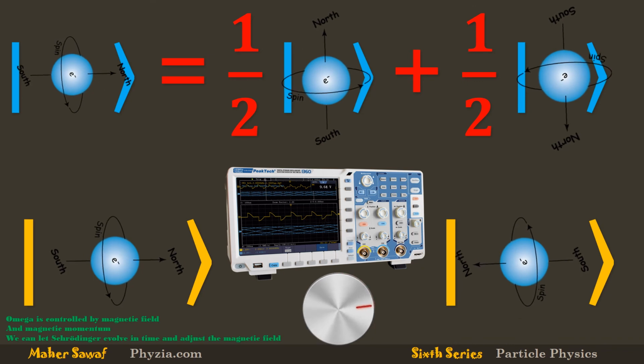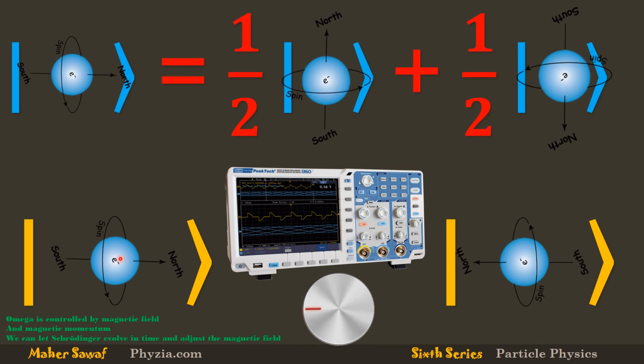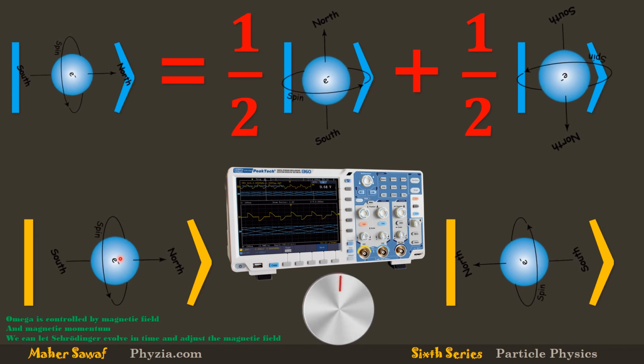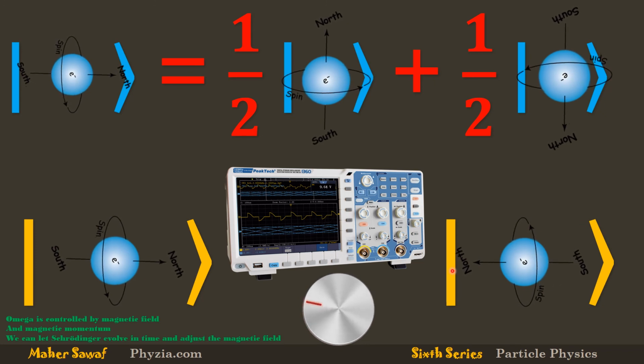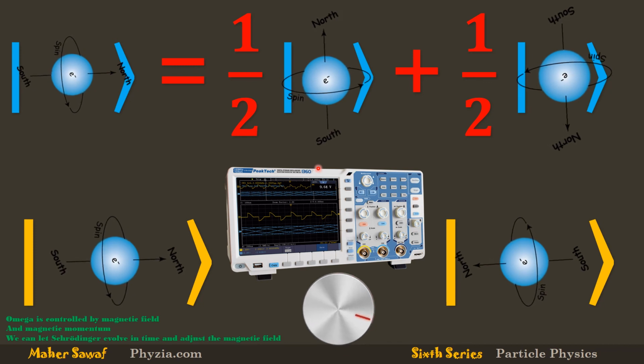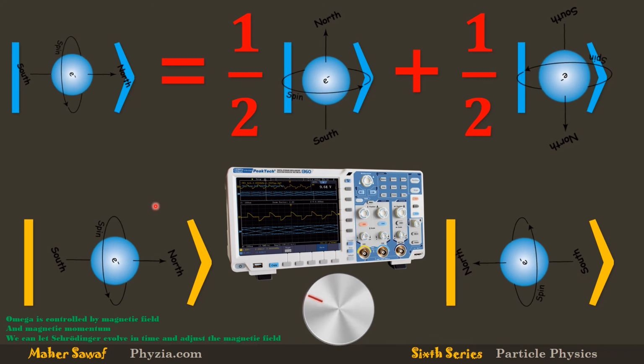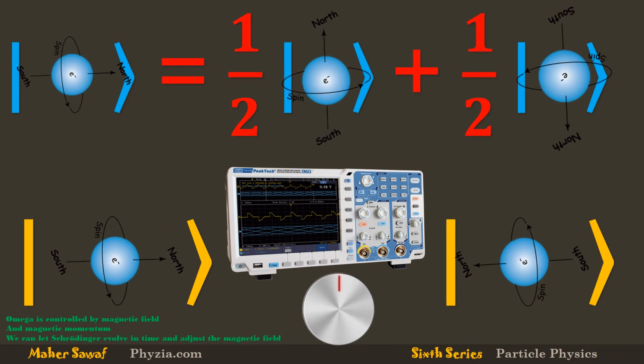Now, if we consider the maximum spin for the electron along the x-axis to be a qubit 1, and the minimum spin for the electron along the x-axis to be the qubit 0, we just found a way to manipulate the strength of the magnetic field to switch this qubit from 1 to 0 and 0 to 1.